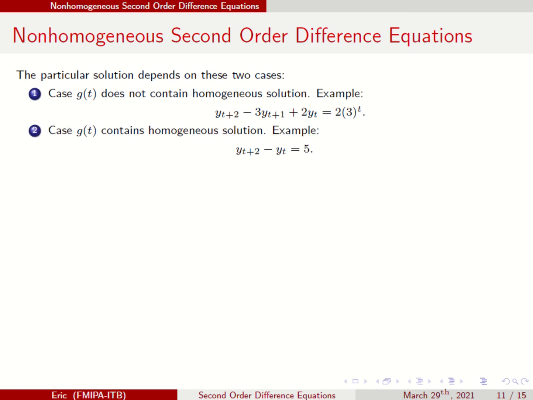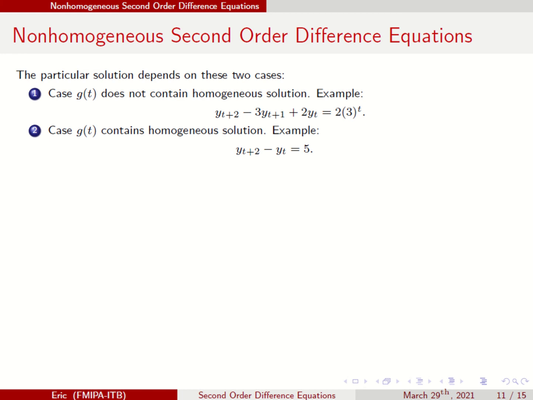What about this one? If GT contains a homogeneous solution, what is the solution of this? You have the characteristic equation r squared minus 1, so your solutions will be 1 and minus 1. So yt should be 1 to the power of t times a constant plus minus 1 to the power of t times a second constant. Because 1 to the power of t is 1, you have a first constant plus a second constant times minus 1 to the power of t.